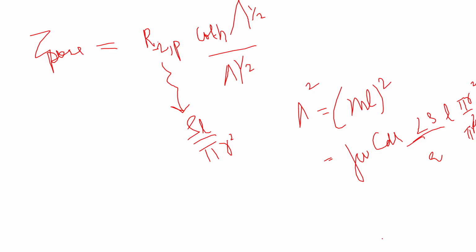When I rearrange, I'll get j omega C_DL 2 pi r L times rho L by pi r square.